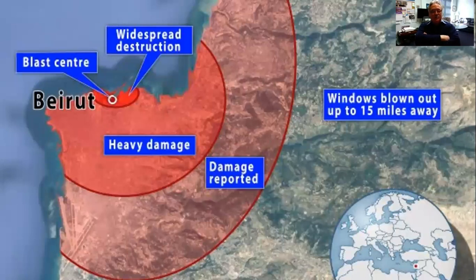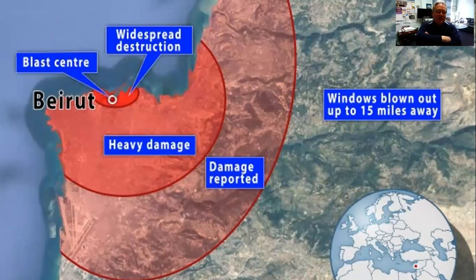This one shows you the area of destruction. Windows were blown out about 15 miles away. You can see the red dot in the lower right portion of the screen where Beirut is relative to the full Mediterranean.